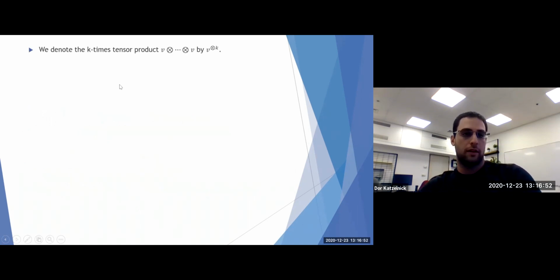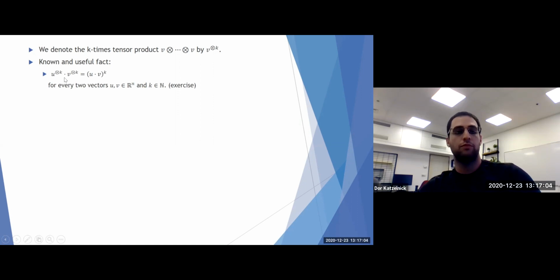Before we do that, there's a very simple and useful fact about this tensor product. It says that if you take two vectors, u and v, and you look at the inner product between the k-times tensor product of u with itself, and the k-times tensor product of v with itself, then the inner product between these two will be equal exactly to the inner product between u and v, to the power of k.